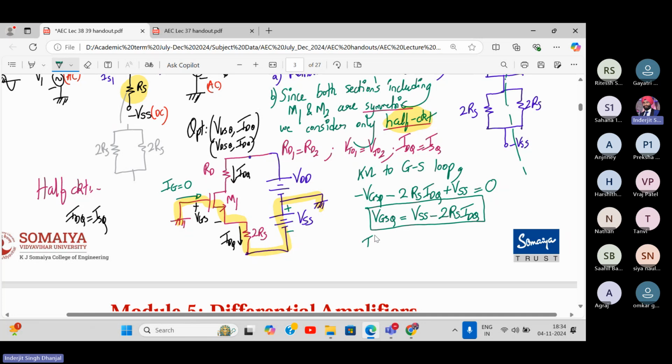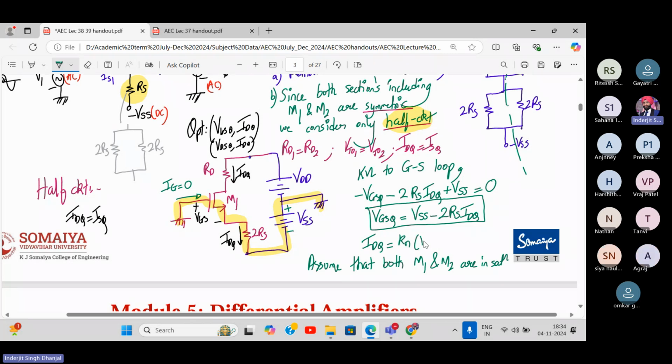Acha, what is the expression for IDQ for a MOSFET in saturation? So we assume that both M1 and M2 are in saturation. So what will IDQ be given by? Kn times VGSQ minus VTO or VTN, square.